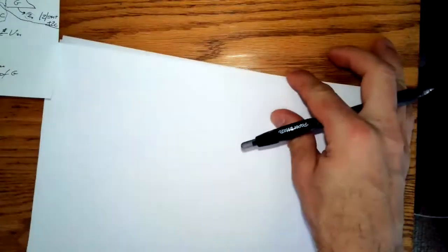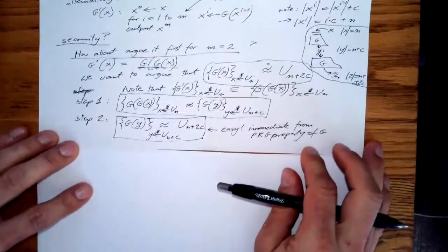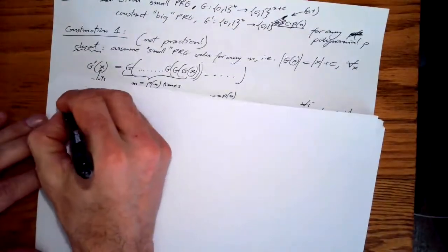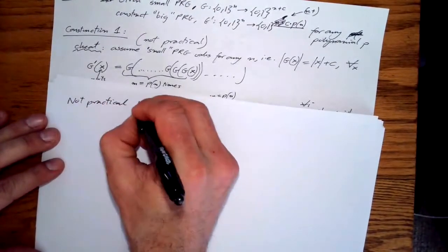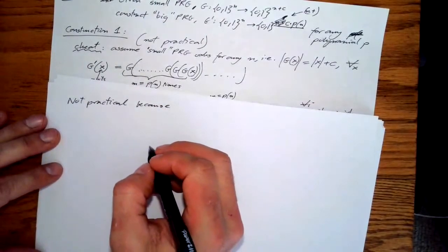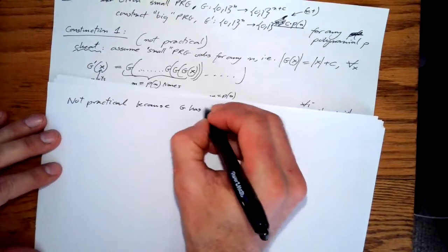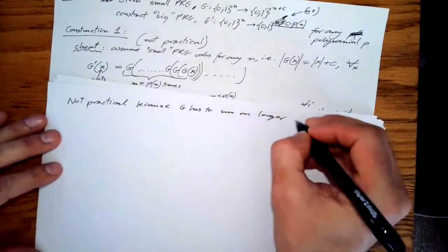Now, why is it not practical? Well, not practical because G has to run on larger and larger inputs.